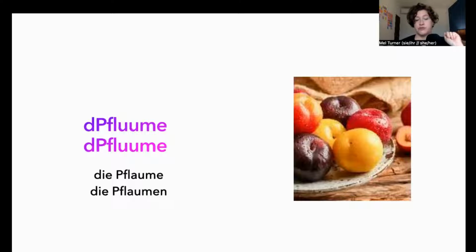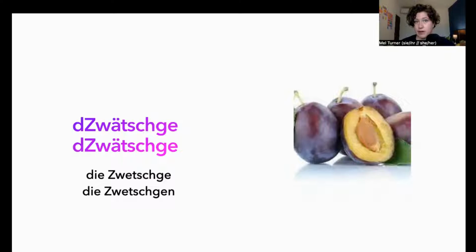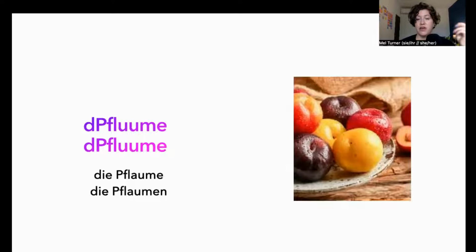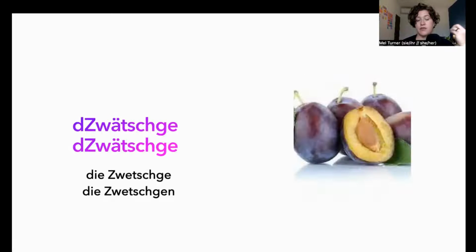That is not the same fruit in German, but in English, you both call these plums, apparently. But to us, they're different. I would say that Pflume is a bit more sweet, while Zwetschge is a bit more sour. They're both delicious, and Zwetschge is really great on a pie.